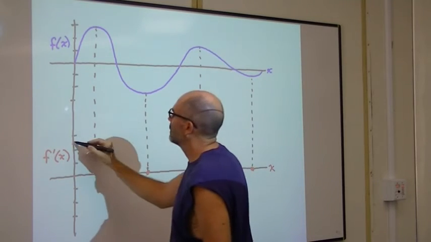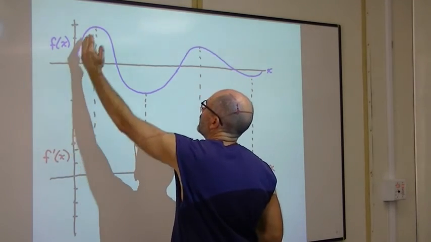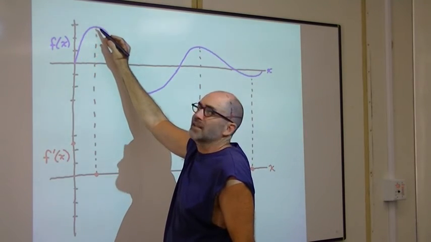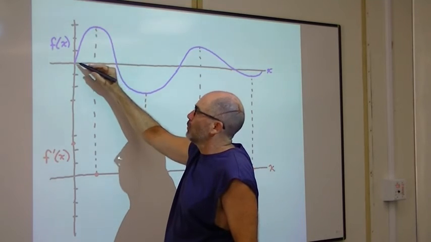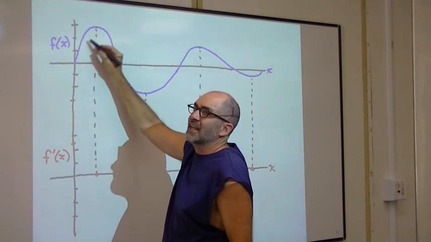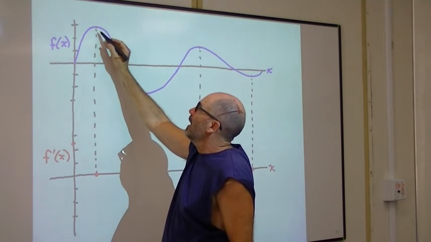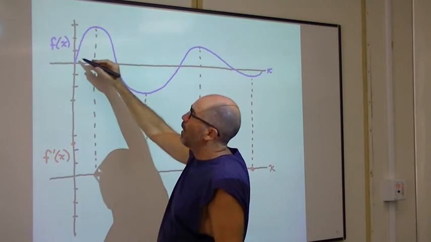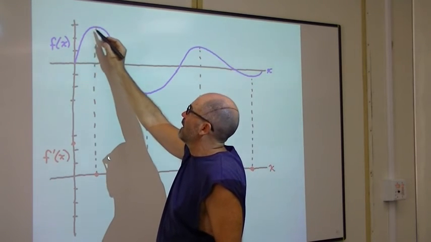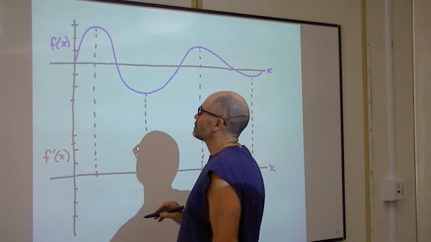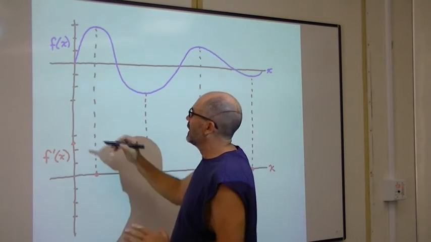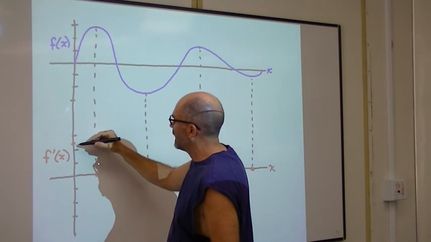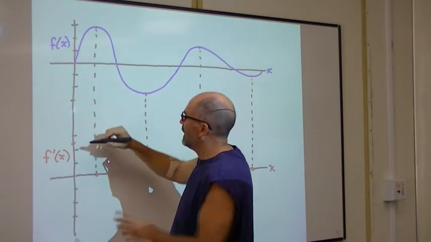Now the question is, as we go up this curve, is the slope getting larger or is it getting smaller? Right, it's getting smaller. It's getting less and less steep as I go up. Now, the next question is, is it positive or negative? Well, clearly it stays positive all the way to here. So that means the slope is going to be going down, getting less steep, but it's still positive.